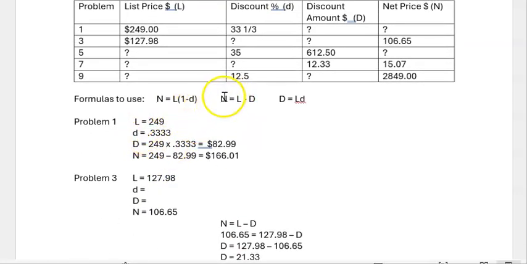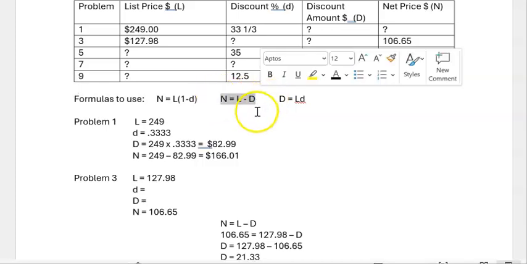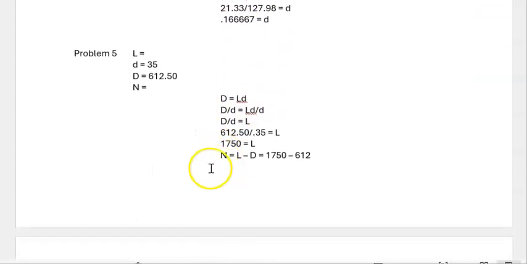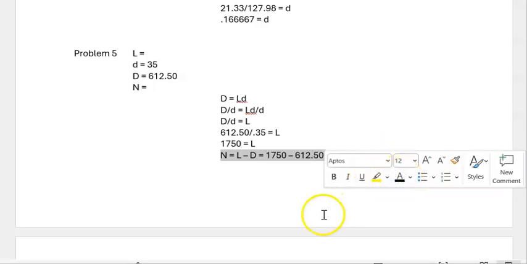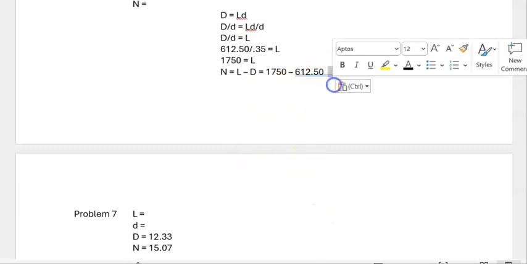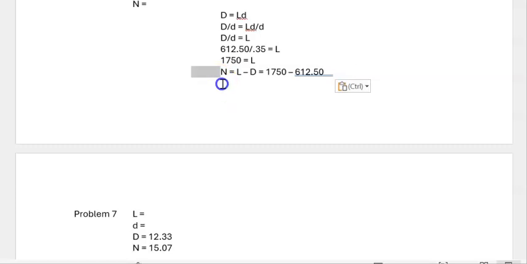If we know what our list price is and our discount amount is, then we can figure out what our net price is by using this formula. So our net price equals our list price minus our discount amount.